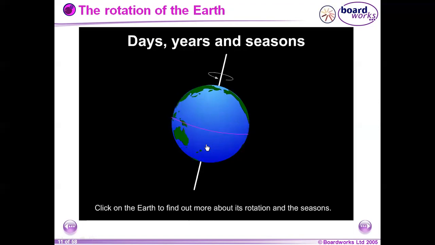So the Earth is actually tilted. In space, from a proper observation, you notice that the Earth is actually tilted, not straight. Now later on, we are going to see the result of this tilt.